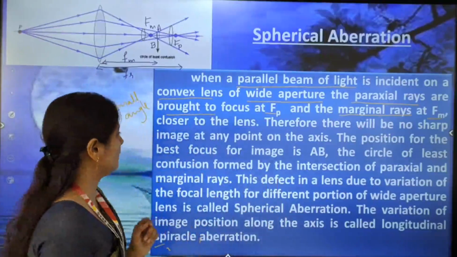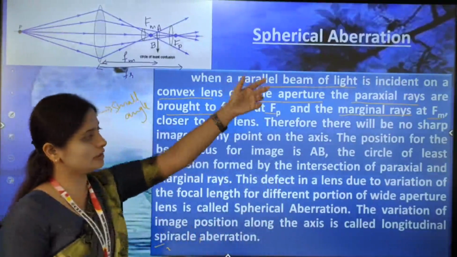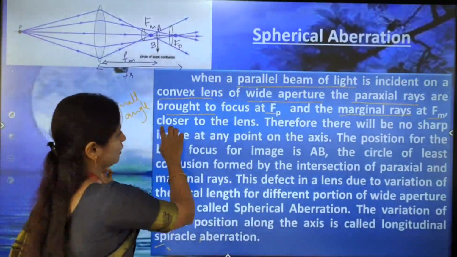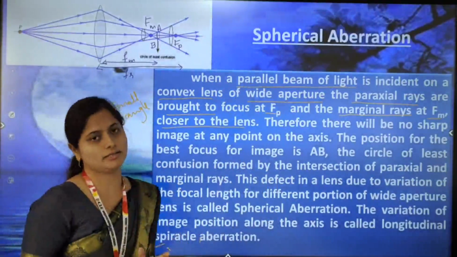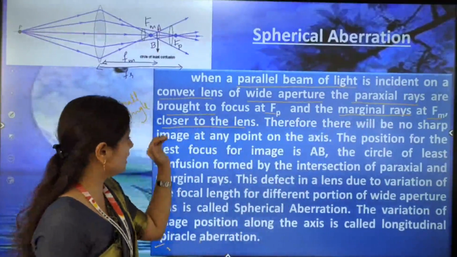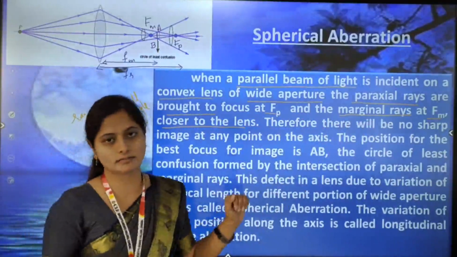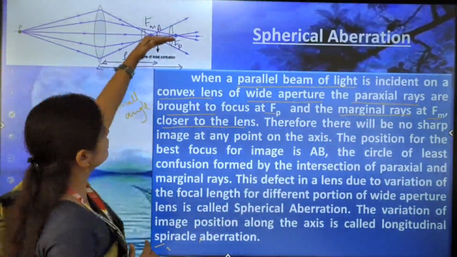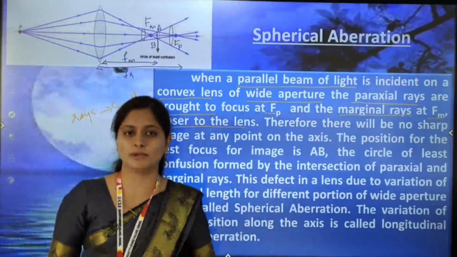So next, what happened? Whatever the two rays are, both are closer to the lens. So there will be no sharp image at any point on the axis. Here on the axis we are not getting any sharp image.